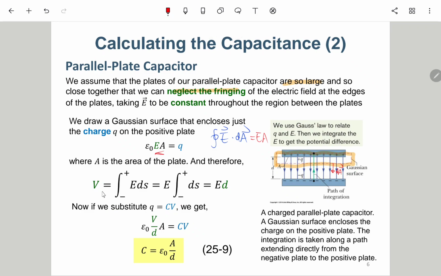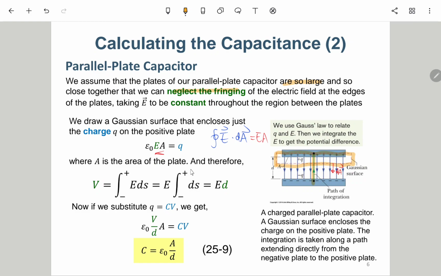And then, in the previous page, we also have V equals the integration of E ds, and E is a constant, so E can be put outside. This is a line integral, but integrating a constant, so it's just the length of this path. We note the distance between the parallel plates to be small d.